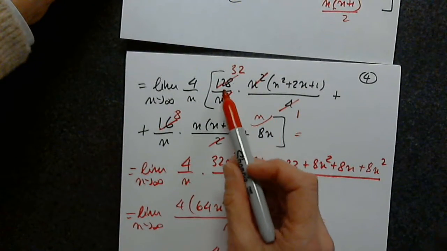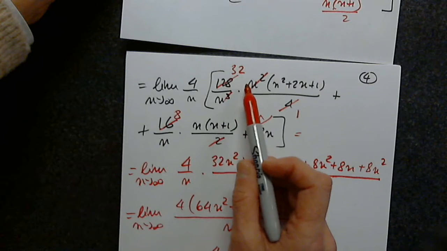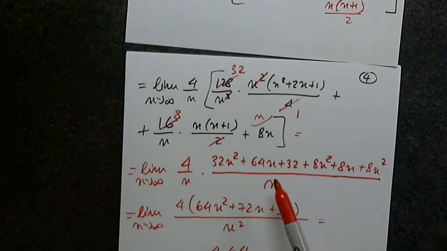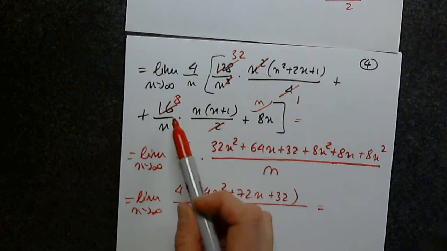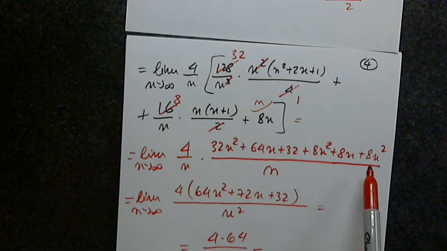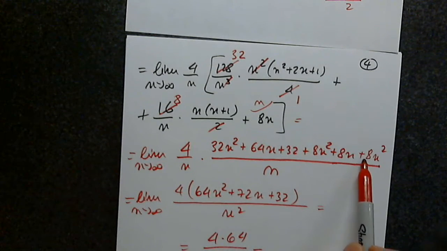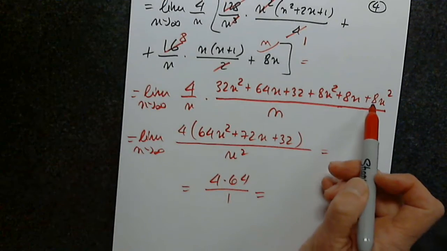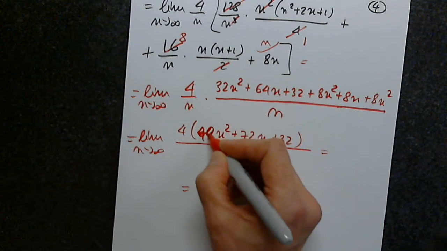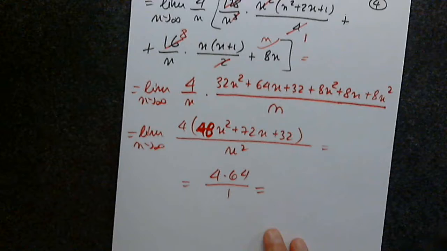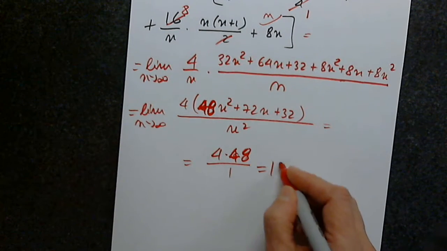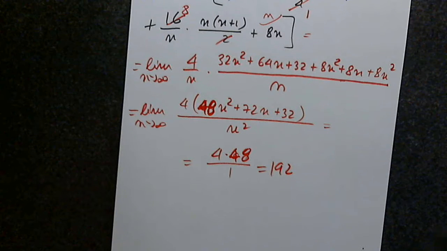So 8 plus 8 is 16. Right, 48, sorry. Okay, so 48. It better be 192. Sorry about that.